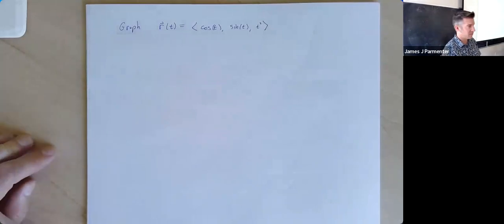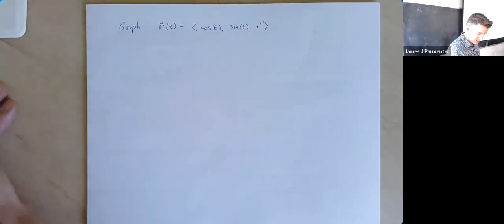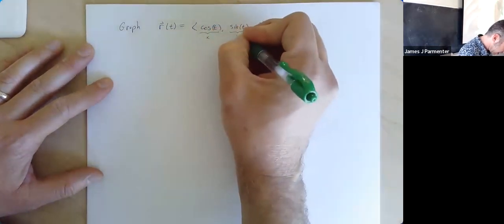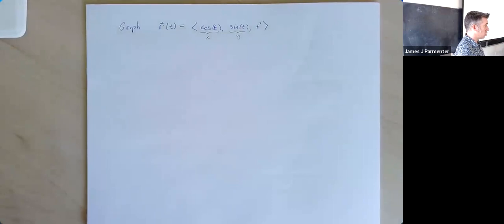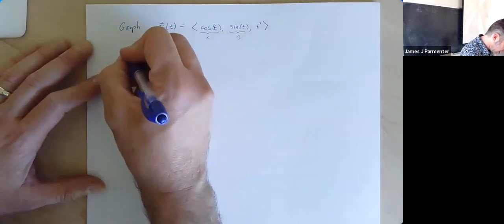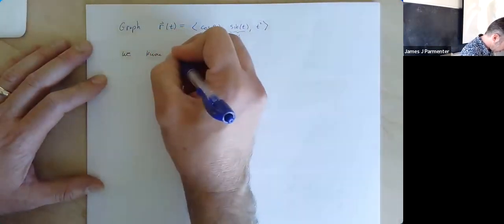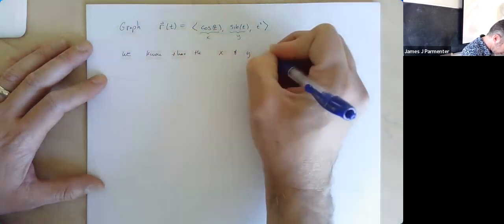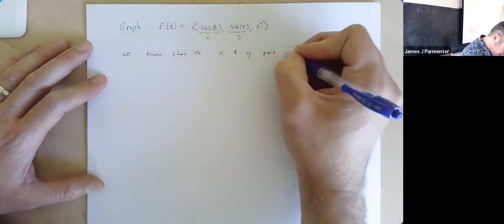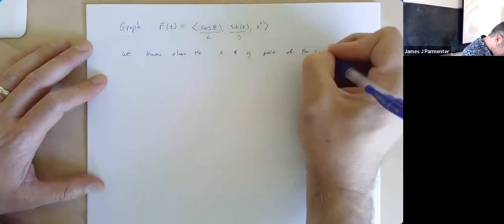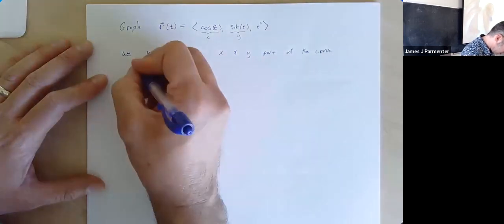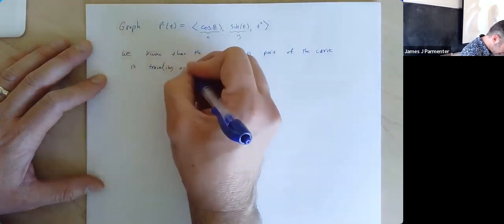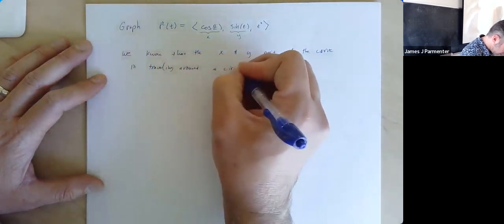And what I would observe here is that the x and y coordinates, x is cosine, y is sine. That's just going to send us in a circle. We know that the x and y part of the curve is traveling around a circle of radius 1.